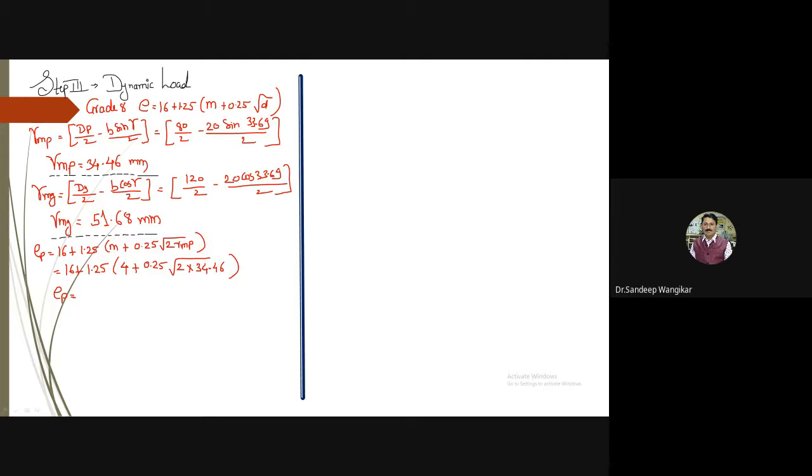Okay, so go slowly, calculate the value for error for pinion and paste here the value. 23.59.